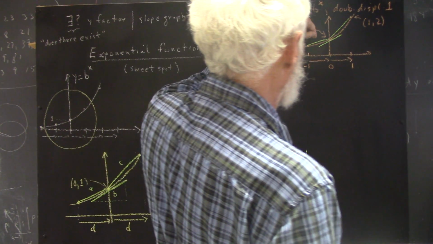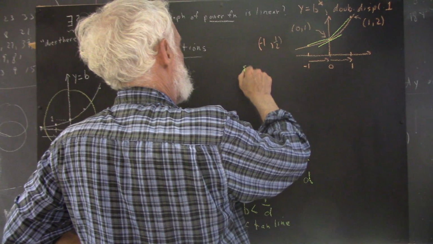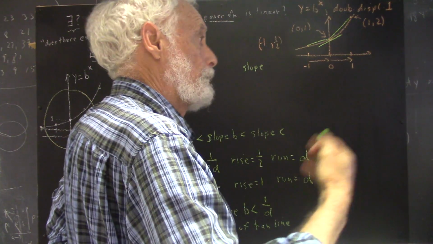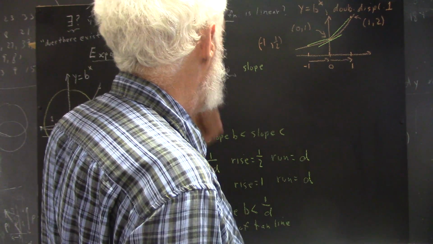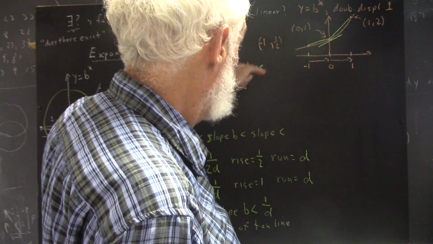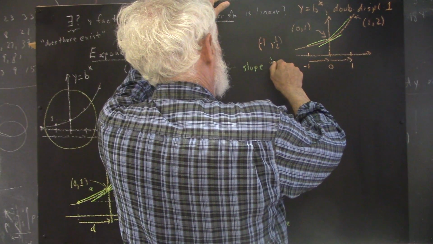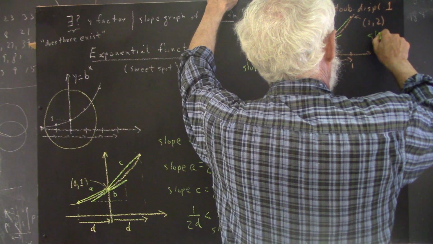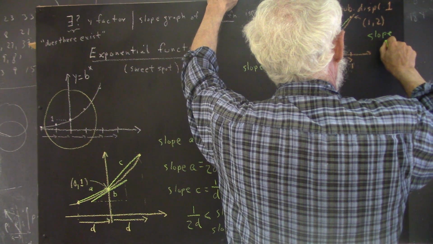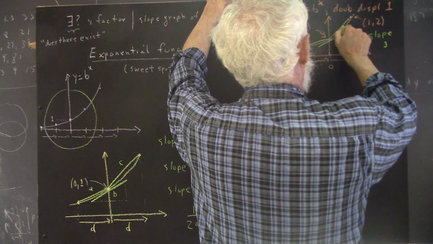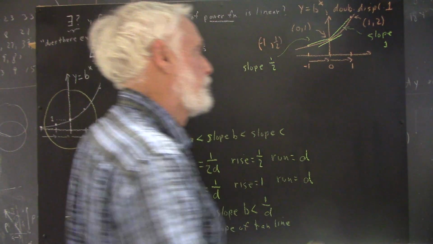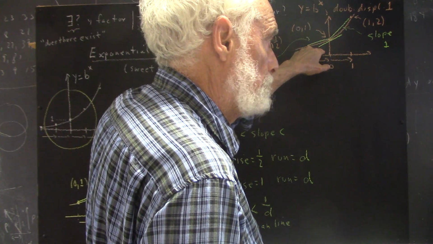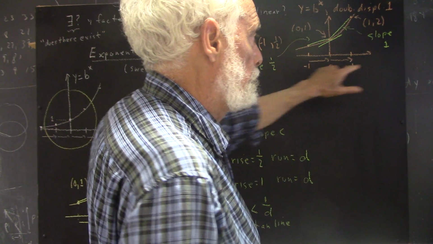So, well, the slope of this segment, you should figure this out on your own before I write it down, pause the video, whatever. But it should be very clear that the slope of this segment is 1/2. And the slope of this segment is 1. Okay? So we can say that the slope of the tangent line is between 1/2 and 1.